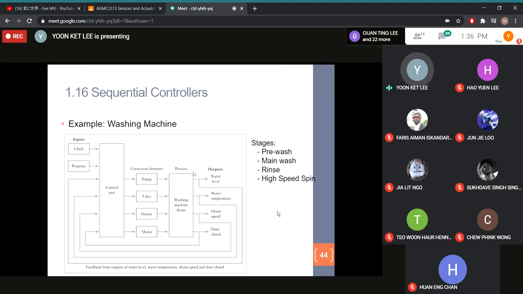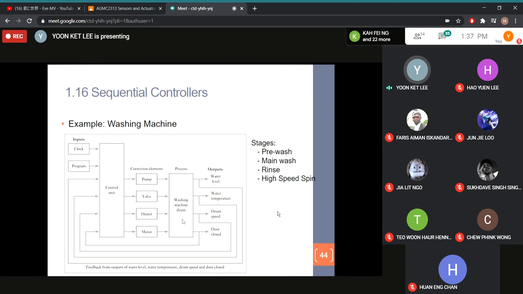And what are your outputs? The output will be your water level, half full, quarter, or full, then water temperature, speed, and whether your door is closed or not closed. If your door is not closed, do you think that your drum will spin?